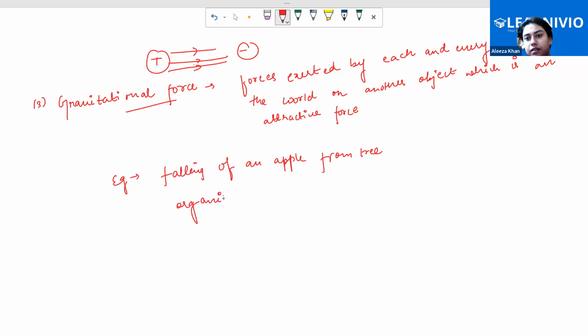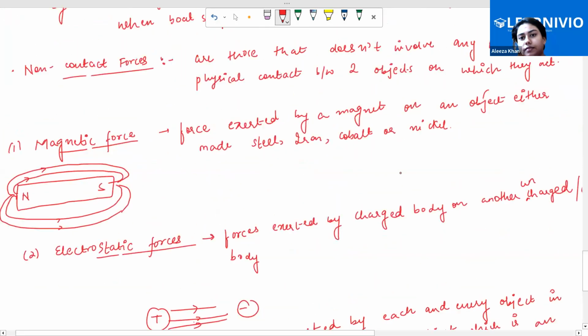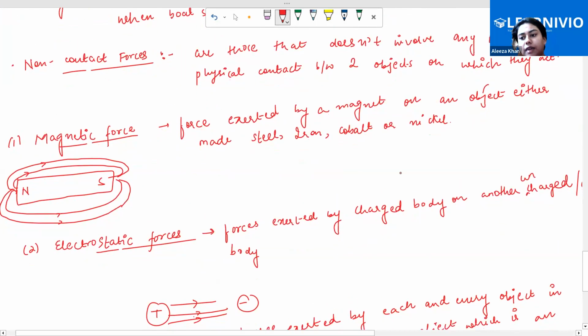Organisms standing on the ground are due to the gravitational force exerted by the earth onto us. Okay, understood? Are you asking something, Ieshal? No, ma'am. Any doubt in any of the points?